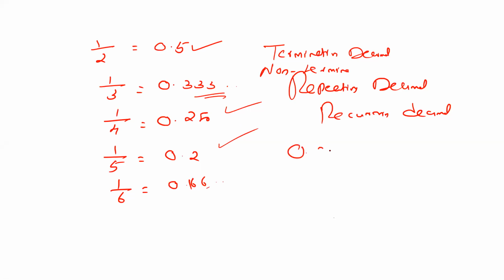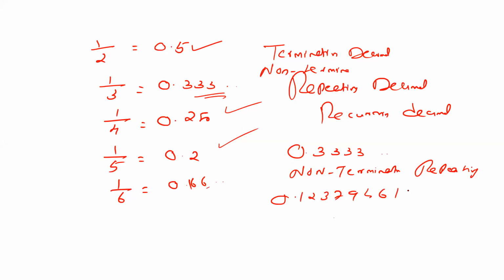Suppose 0.33333, etc. This is called a non-terminating repeating or recurring decimal. And you see something like 0.12379461618, etc. Here there is no fixed number repeating.